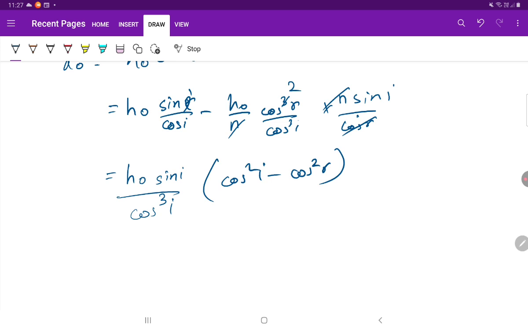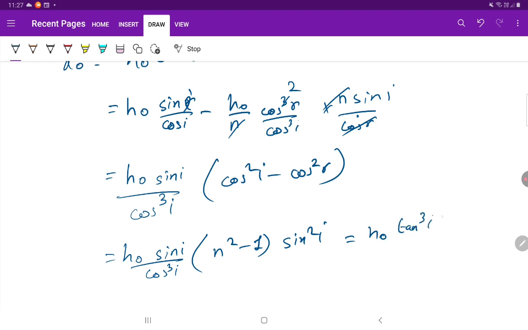Okay, now just taking everything in terms of sin, you will get h naught sin I by cos cube I into sin square r. Now sin square r can be written as n square sin square I, so I can write n square minus 1 into sin square I, and finally you will get h naught tan cube I into n square minus 1.